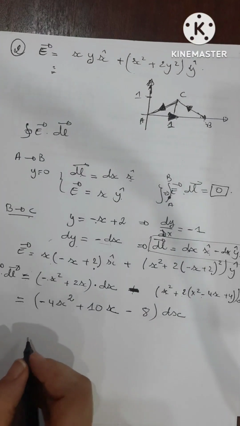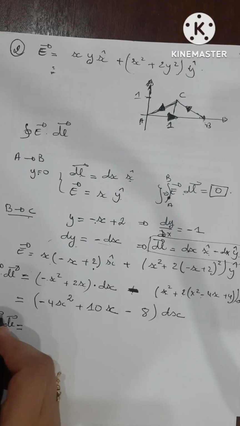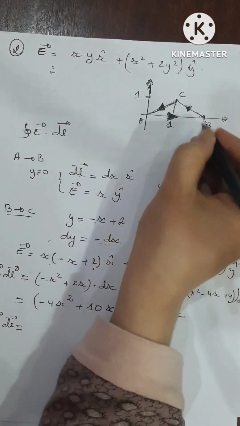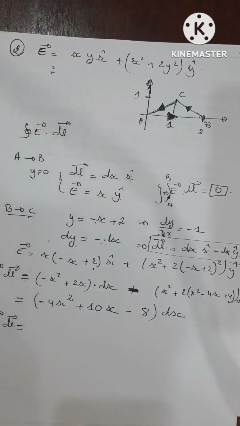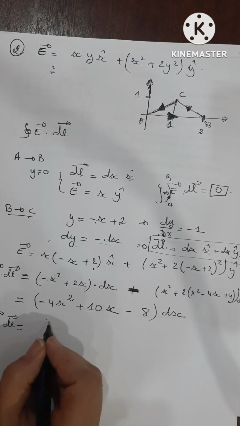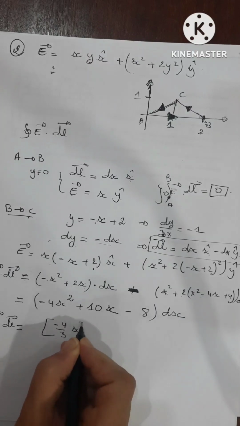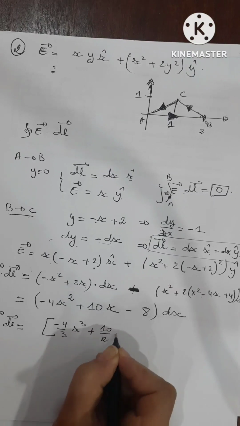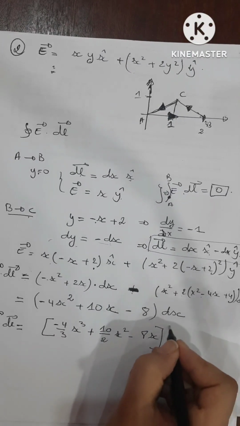Okay, now we can find the integral of E dl. So x varies, in this case, from 2 to 1, because B is at 2 and C at 1. It is minus 4 over 3 x cubed plus 10 over 2 x squared minus 8x from 2 to 1.